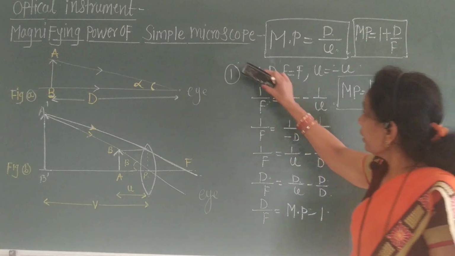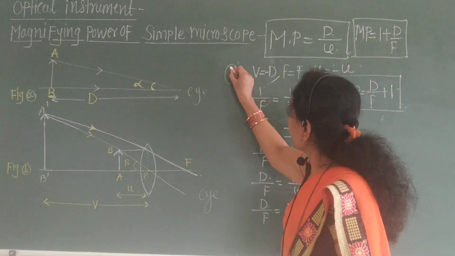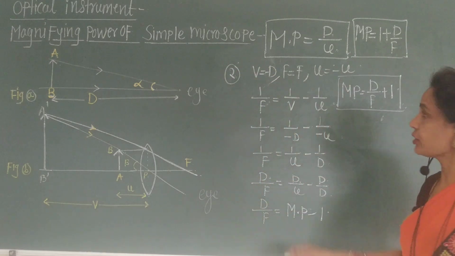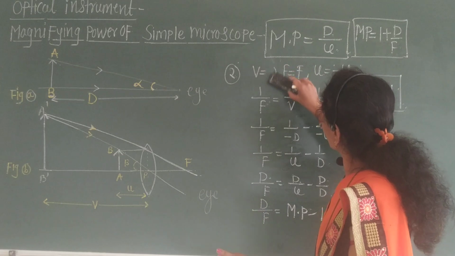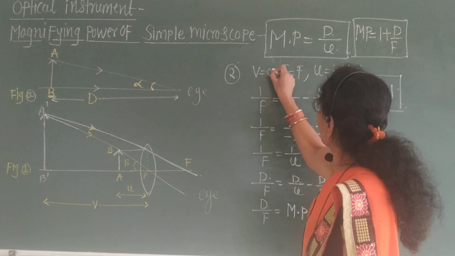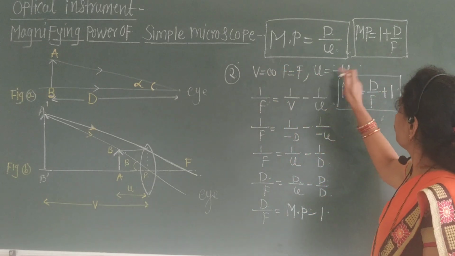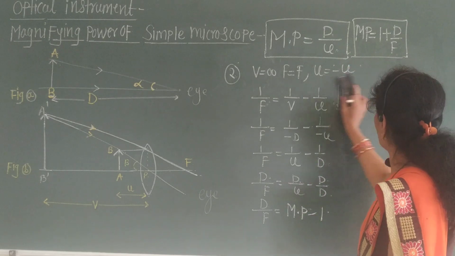Now second case, if the image is formed at infinity, then what is the V? V is here infinity. Then F is equal to F, U is equal to minus U. Okay.